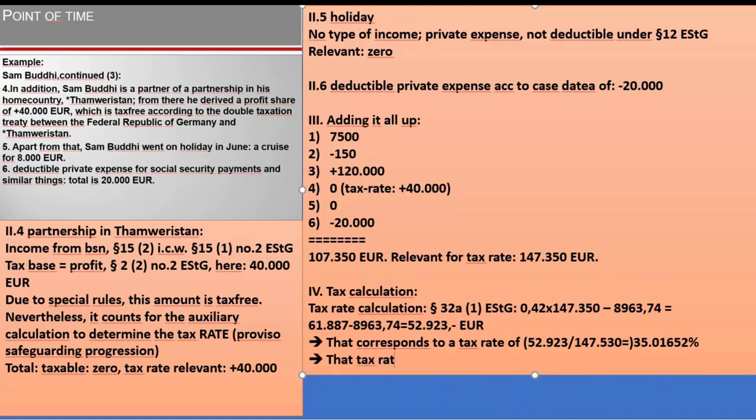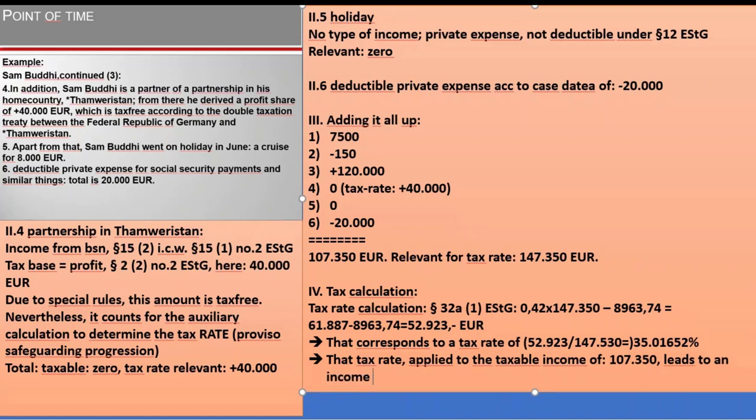That tax rate applied to the taxable income of 107,350 leads to an income tax of 35.16% times 107,350.